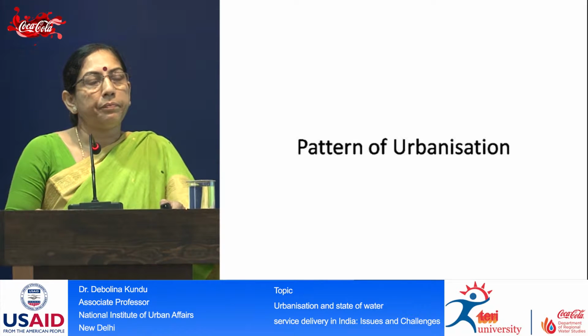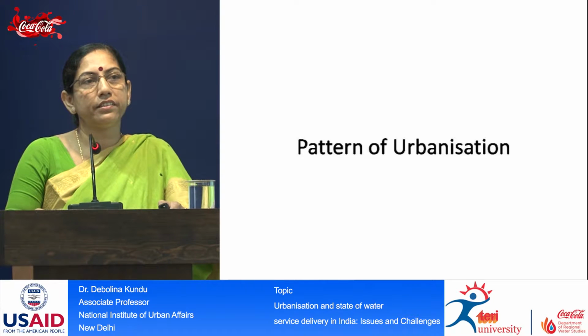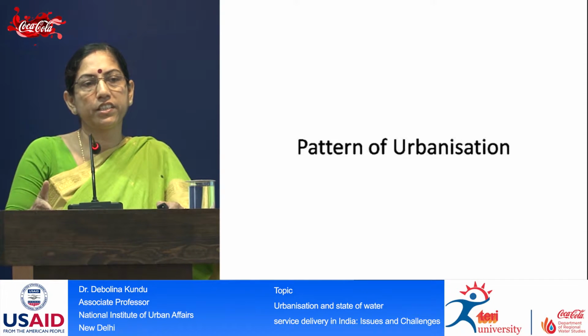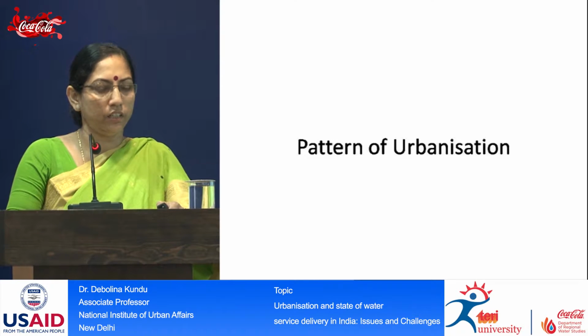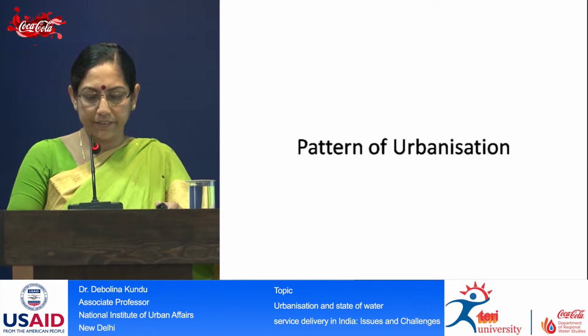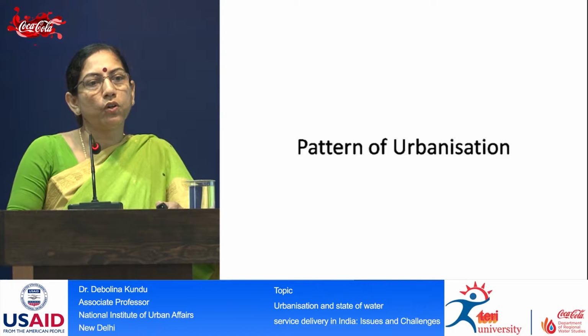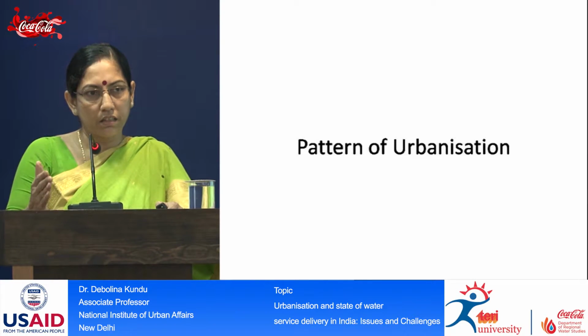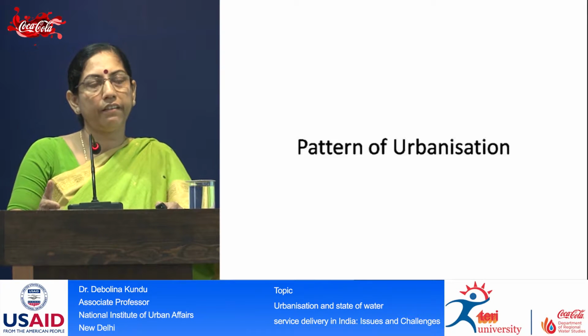When we look at patterns of urbanization, we should also clarify the concept of urban. What is an urban area? In India, an urban area is defined in two ways. First, the statutory towns. As we know, urban development is a state subject, so the states define the statutory towns and decide on their number.